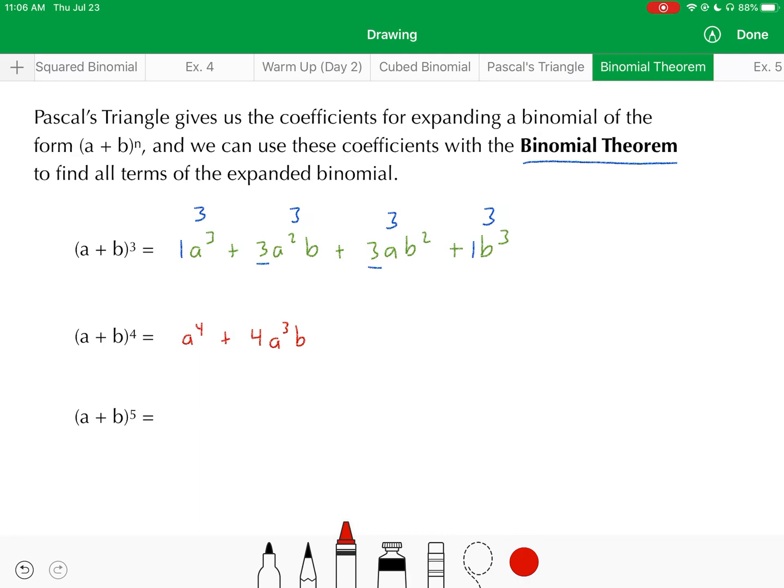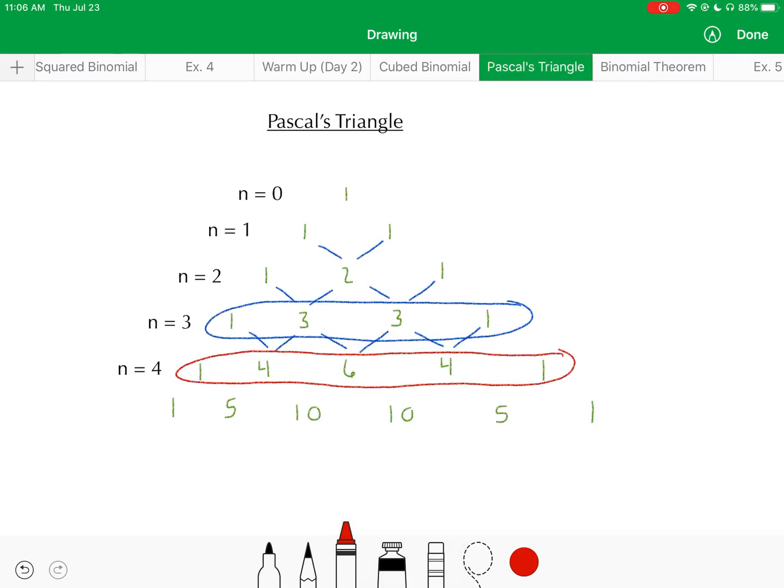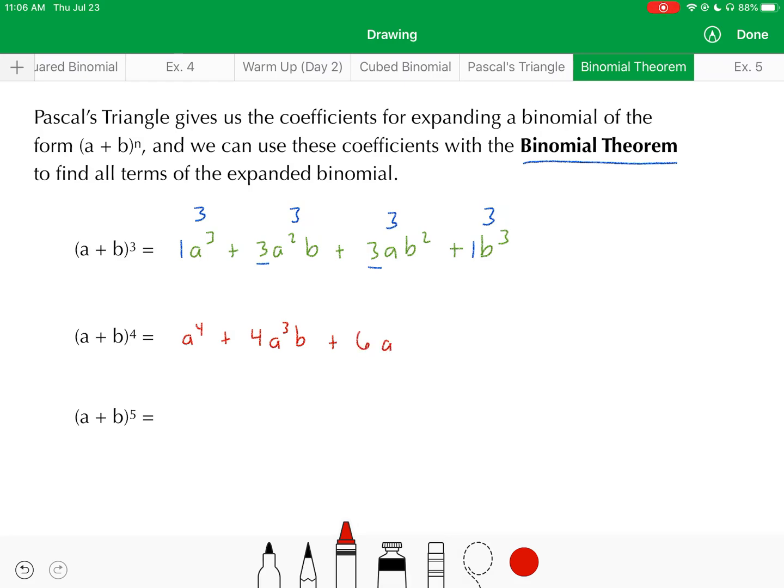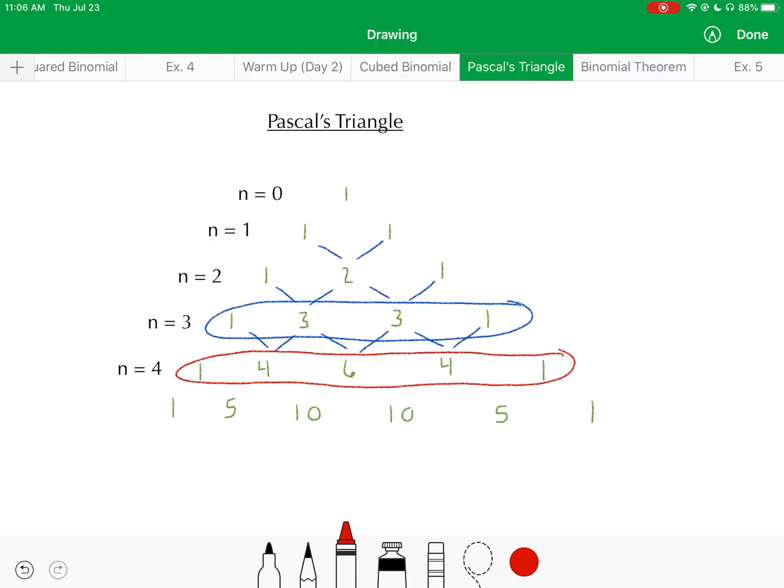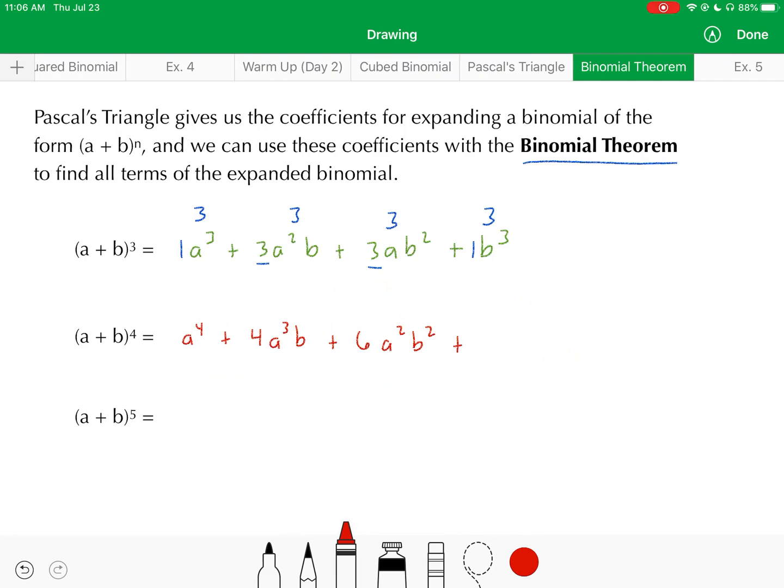Notice how I decreased the power on a and then I brought b into play. Plus, next coefficient should be 6, a to the second, b to the second. Plus, next coefficient should be 4, a to the first, b to the third. And then my final coefficient is always a 1, so this is going to be 1 b to the fourth.